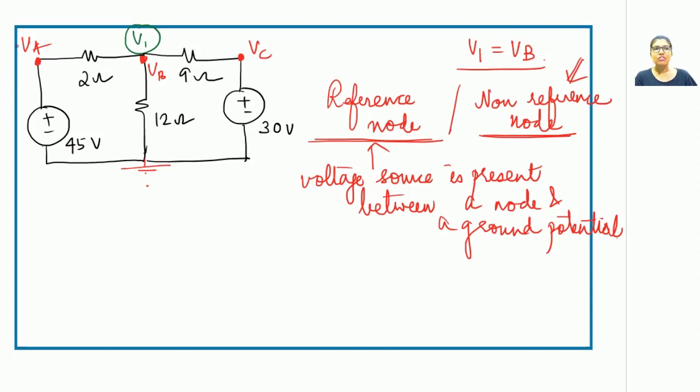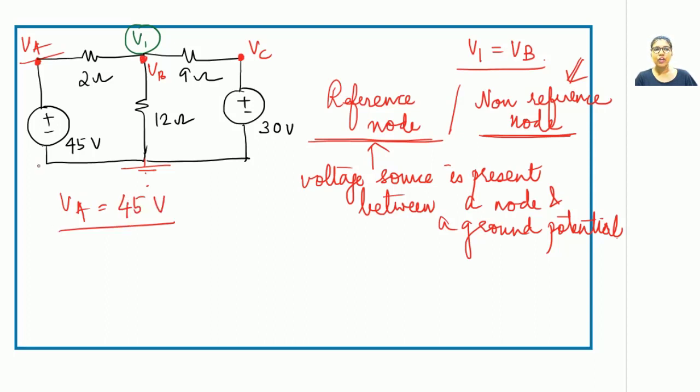Yes. So if this is a reference node, how are we going to take advantage of it? Whenever you come across a reference node, the value of the given node always becomes equal to the value of the voltage source present in between. So according to the definition of reference node, VA becomes equal to 45 volts.